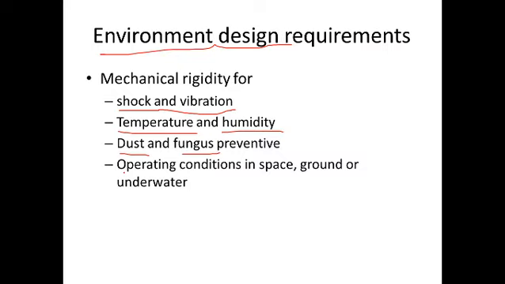So like that you are going to do many things about the PCB. Then operating conditions in space, ground, or underwater. So these are the different environmental design requirements. Whenever you are going for manufacturing or designing the PCB, you have to consider all these aspects.